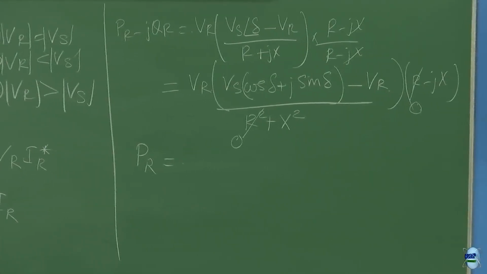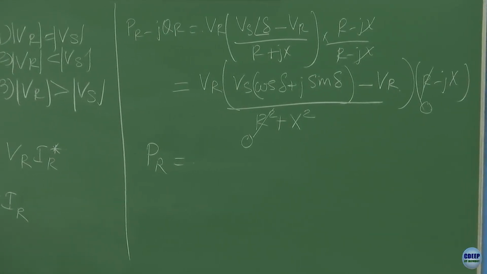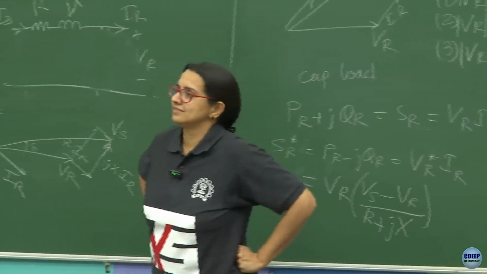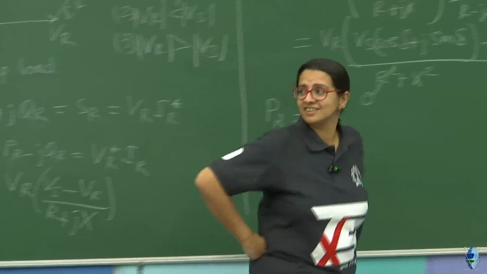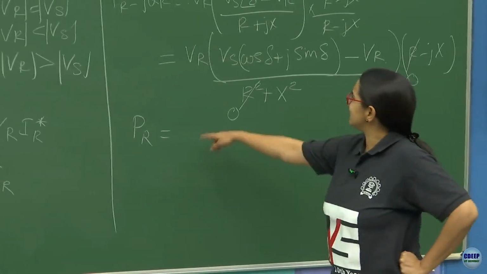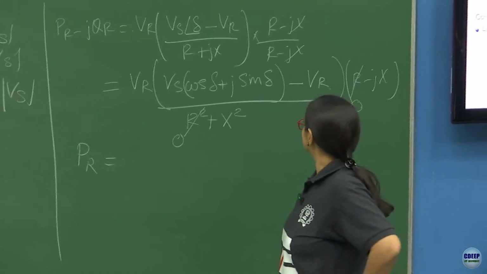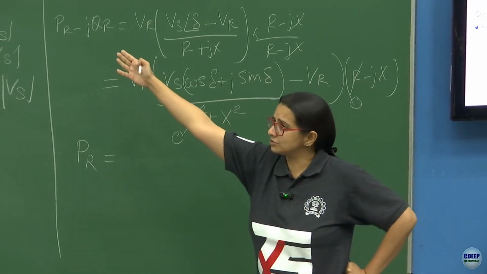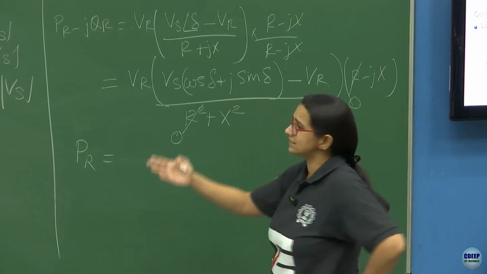Equation. Whoever's phone rings will give the equation here quickly. It's a very simple equation. It will happen quickly. You can come up to the board if you can't see it. Come. What is it? This will get multiplied with jX, so it cannot constitute PR. What will remain?